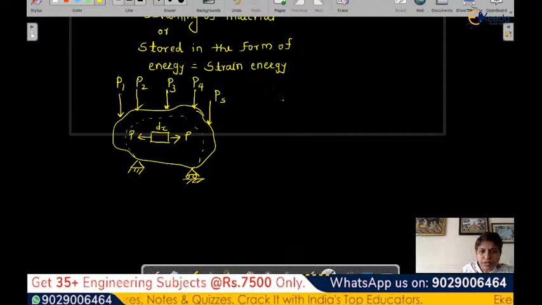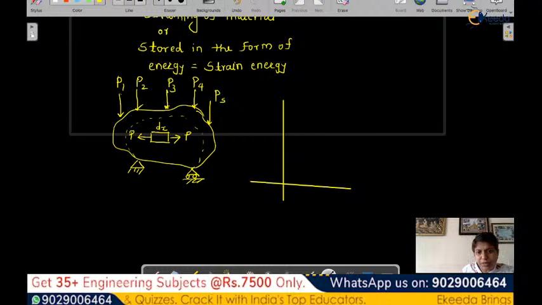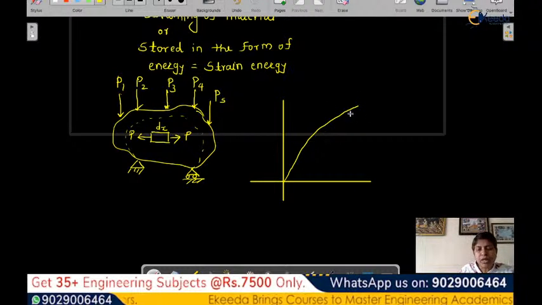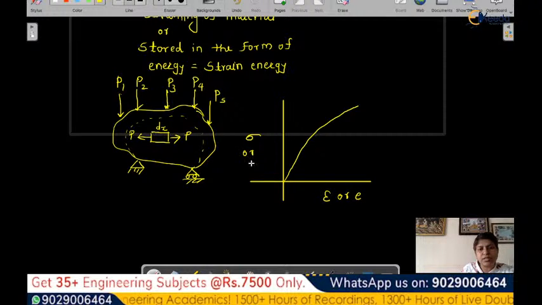When you plot a stress versus strain curve for this particular member, it will look like this. In some textbooks strain is also given by E and stress as small p. It's one and the same.